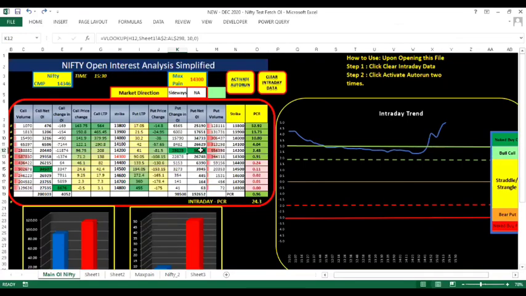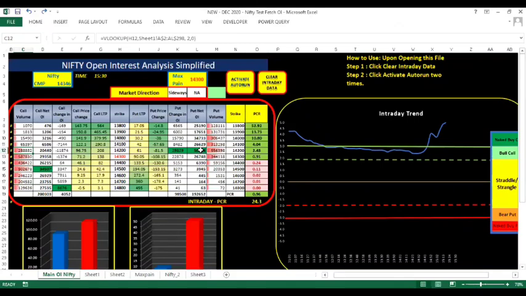So this gives you a bird's eye view immediately to understand where the put writers and the call writers are. Similarly, the highest volume, whether for call or for put, is also shaded. The higher the volume, the higher the shading. The lower the volume, the lower the shading. So this is nothing but a bird's eye view of the option chain which you are able to see on the screen.